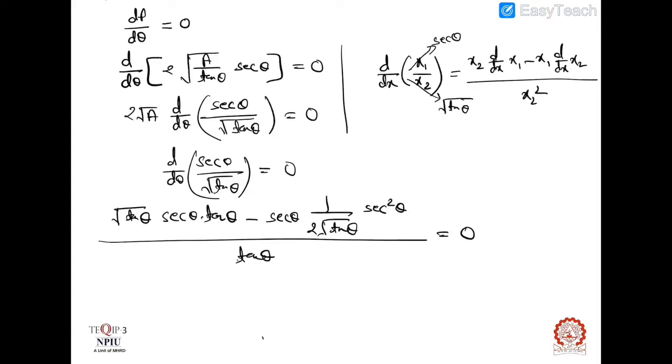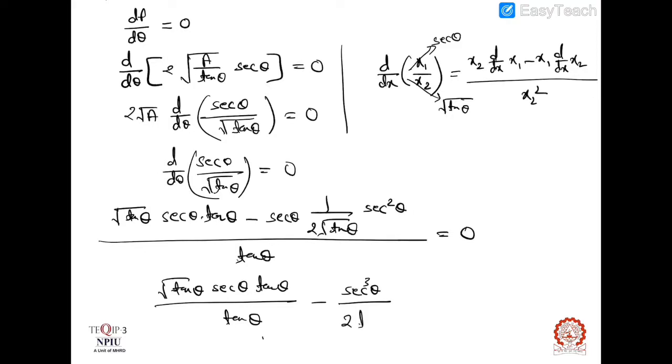Now take these terms separately. Root over tan theta sec theta tan theta divided by tan theta, minus sec theta sec cube theta divided by 2 tan theta root over tan theta, is equal to 0. This will cancel out.